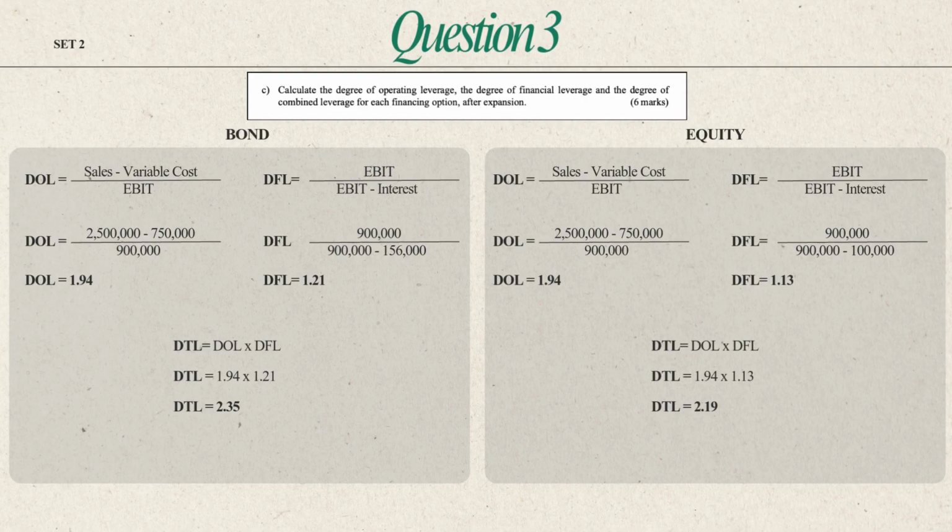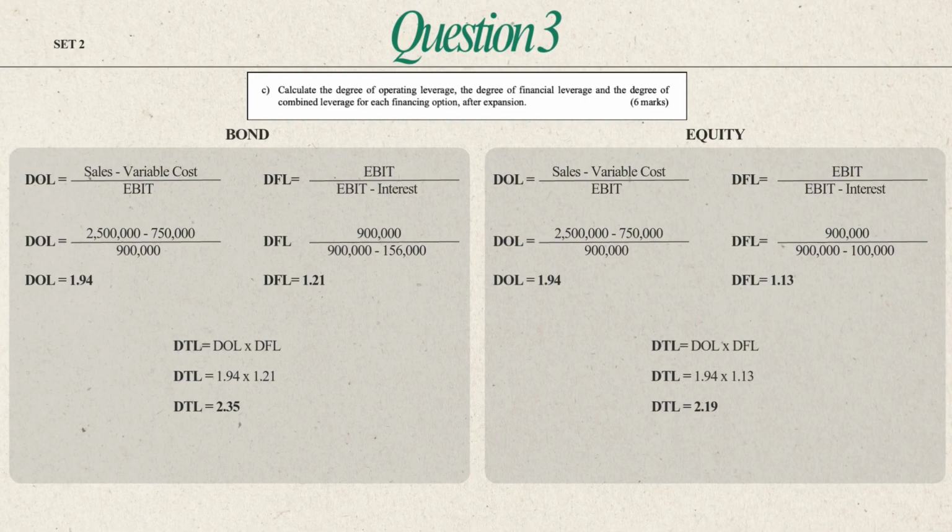Next, under bond financing, the company has a total interest of 156,000 ringgit, which includes the 14% bond interest. The formula for degree of financial leverage is EBIT divided by EBIT minus interest. Therefore, the degree of financial leverage is 900,000 divided by 744,000, giving a value of 1.21.